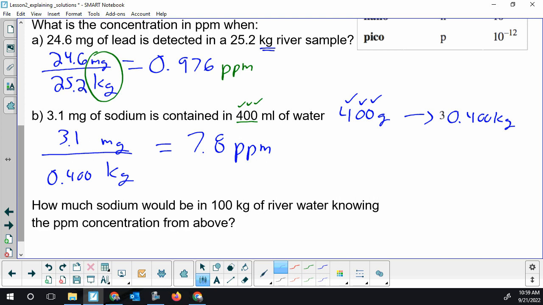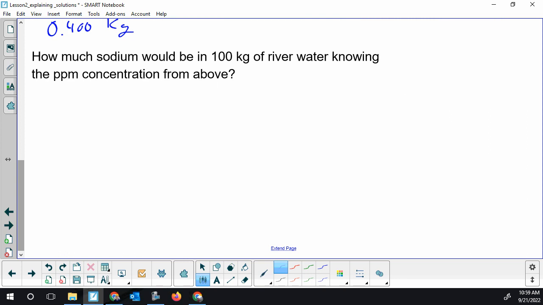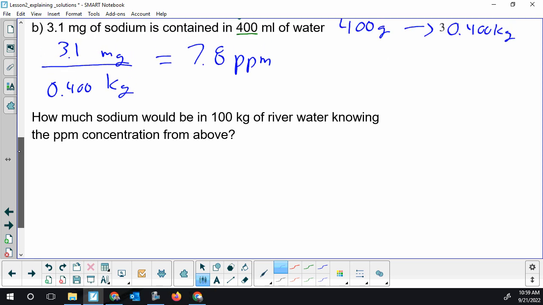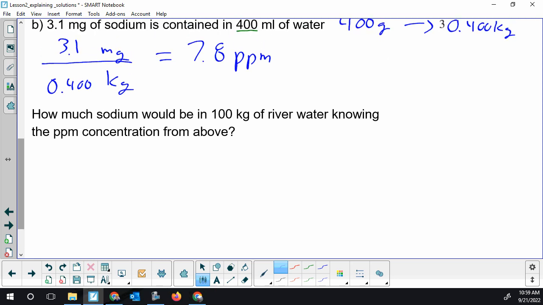Last question. It relates to the information above, so I'm going to leave that visible. We're still in B. How much sodium would be in 100 kilograms of river water, knowing the concentration above? So this is solving for a solute. I'm going to do the exact same layout that I did before in the percent lesson.